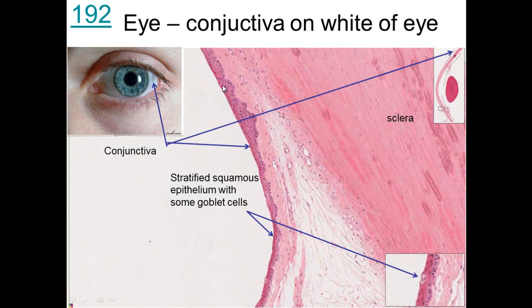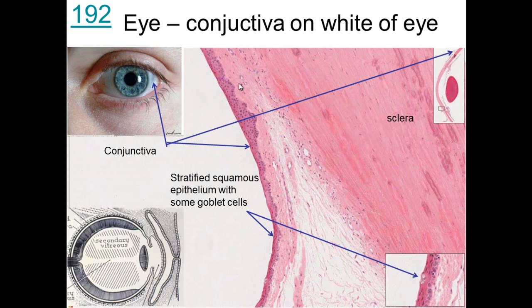So the conjunctiva is the stratified squamous epithelium that's on the inside of the eye, and also it covers the white part of the eye itself. Stratified squamous epithelium, non-keratinized because it's basically in a liquid state. And then the sclera is the white of the eye that we see here. So the conjunctiva is right over through there.